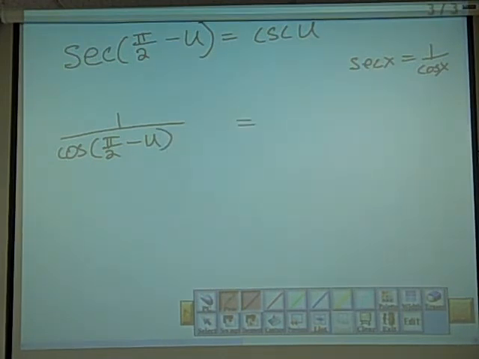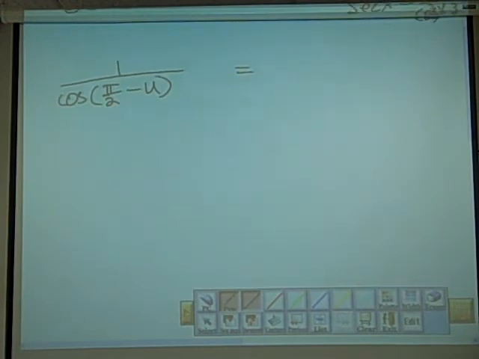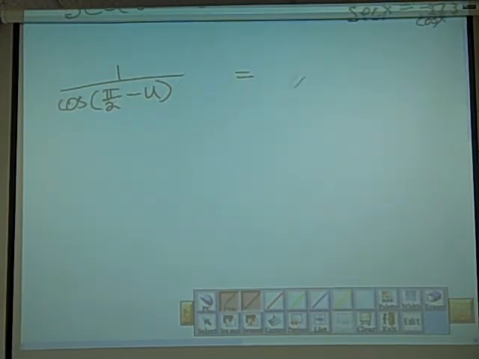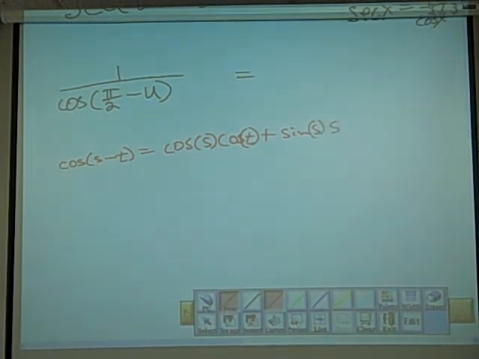And so now this goes back to the formula: cosine of s minus t is equal to cosine s cosine t plus sine s sine t.